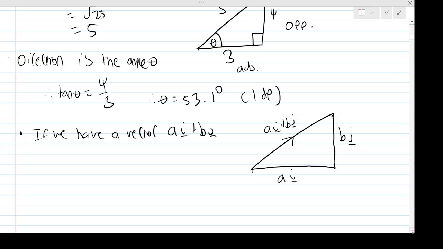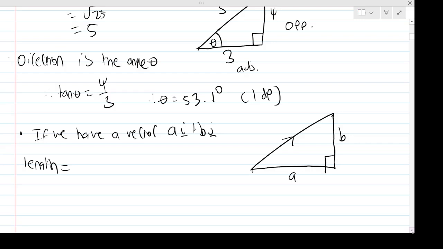Therefore the length in general is given by Pythagoras. If we think of this as a right angle triangle and get rid of the i and j, the numbers we have are just a and b.